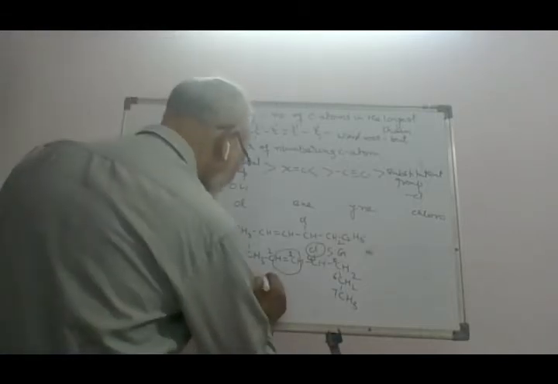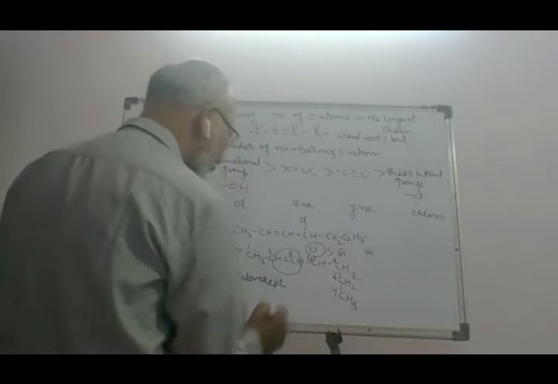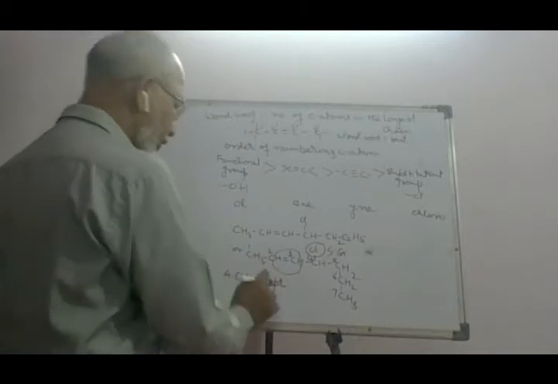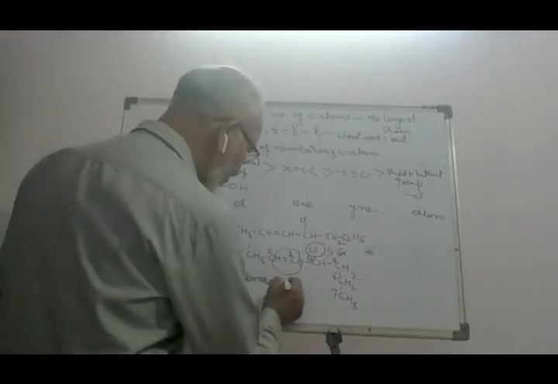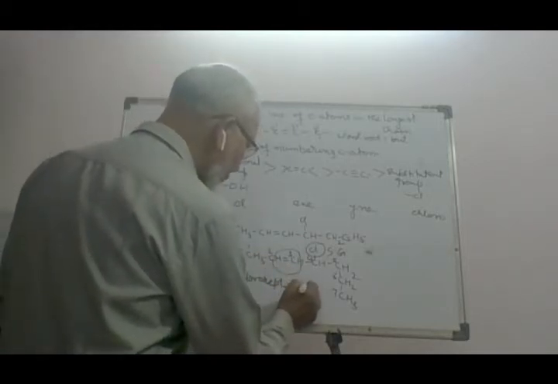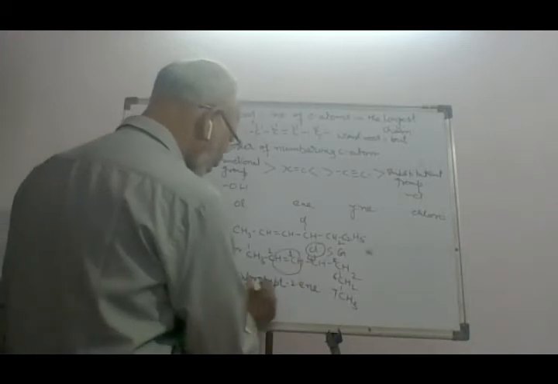After that, we shall come to the word root. It will become hept. Then we assign the position of the primary suffix. The primary suffix is "-ene", and it is starting from the second position, so it will be hept-2-ene. So its complete name will be 4-chlorohept-2-ene.